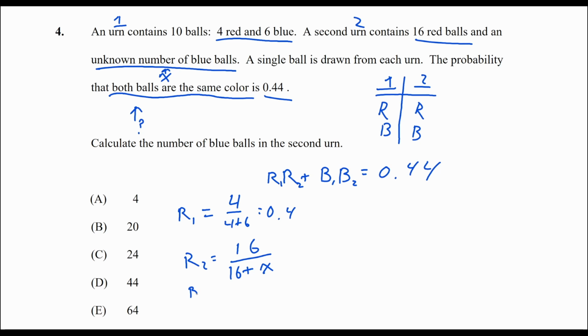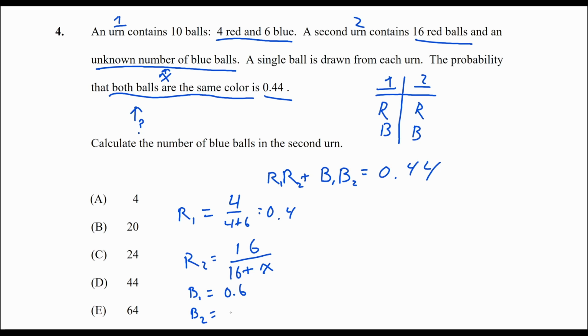B1 and B2 are just going to be the complements of R1 and R2 respectively. So B1 is going to be 0.6. Complement meaning the opposites of R1 and R2.